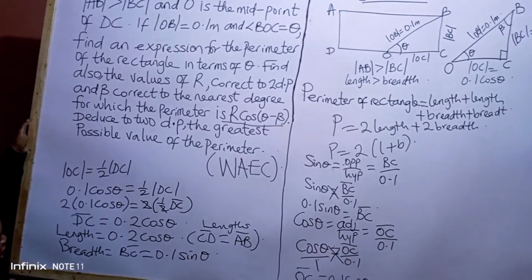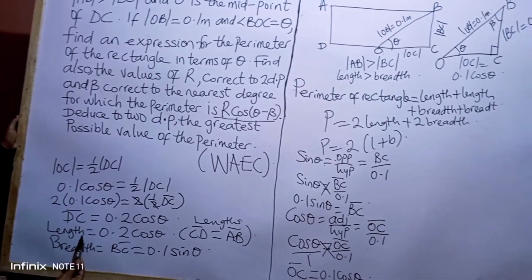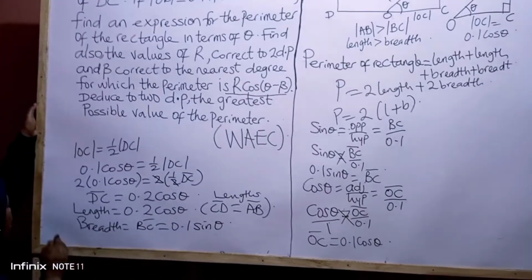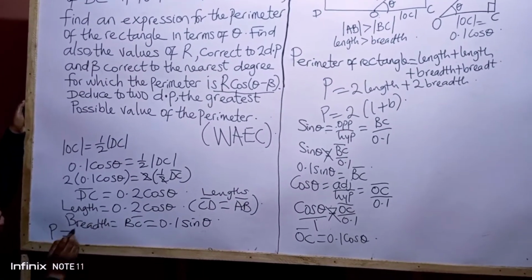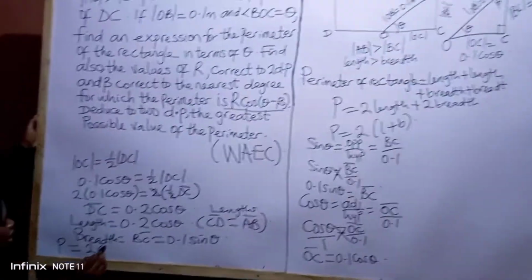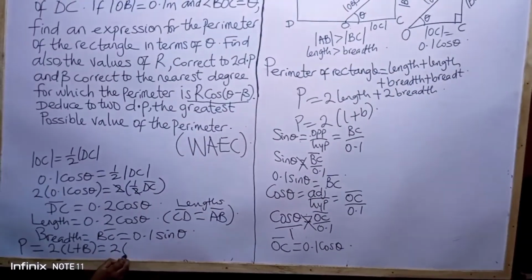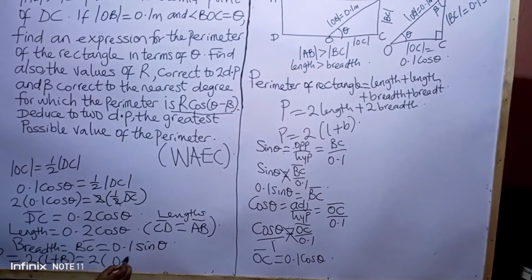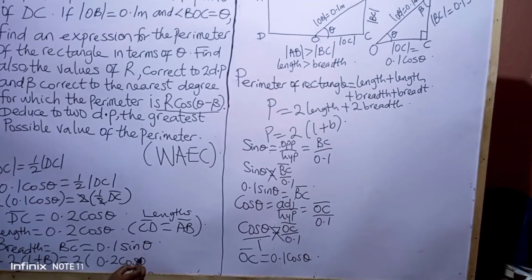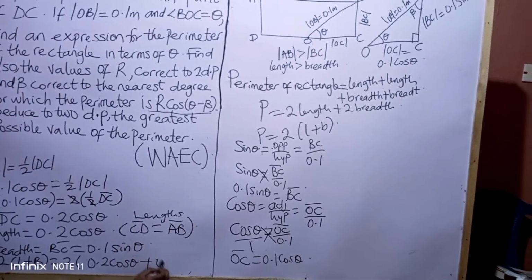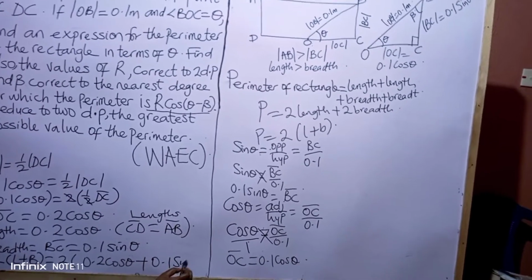So that is the breadth. So we have gotten length and breadth. For perimeter, which is 2 into bracket L plus B, will now be equal to 2 into brackets 0.2 cos theta plus 0.1 sin theta.